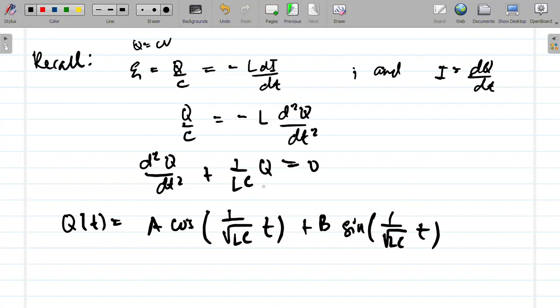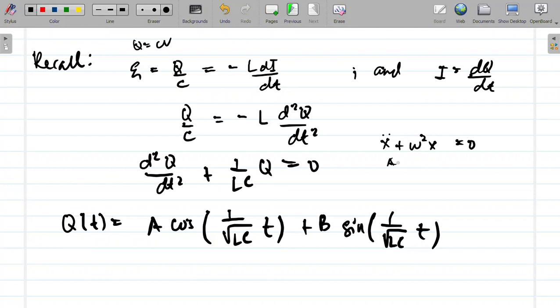Why did we shortcut like this? Class, remember, you will often see this differential equation, perhaps in quantum mechanics: x double dot plus omega squared x equals 0. Here x double dot is d squared Q over dt squared, and omega squared is 1 over LC, so omega is 1 over square root of LC.